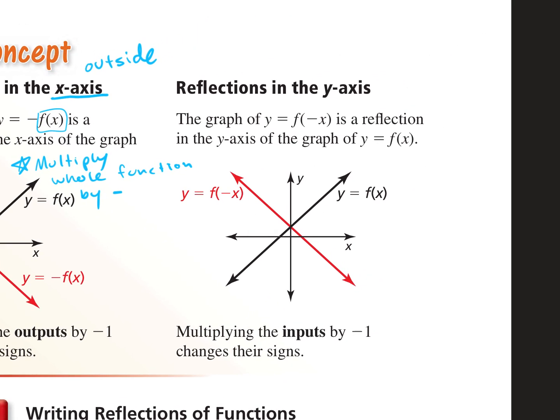When it's a reflection on the y-axis, that happens inside. So just the x gets multiplied by a negative.